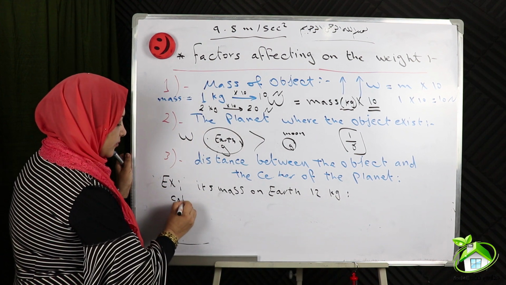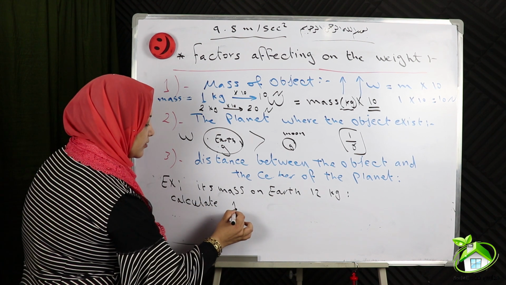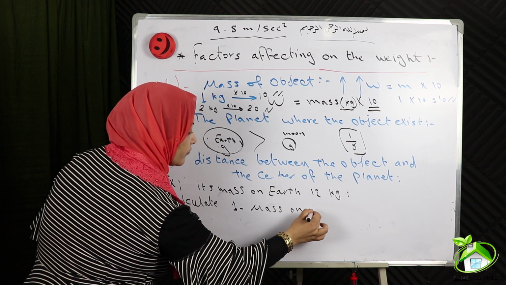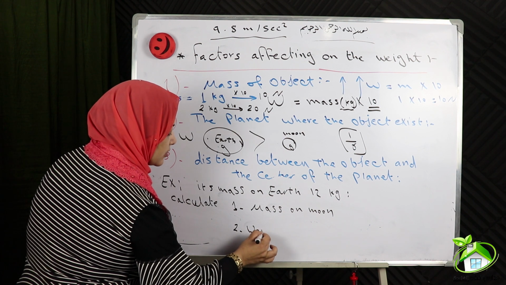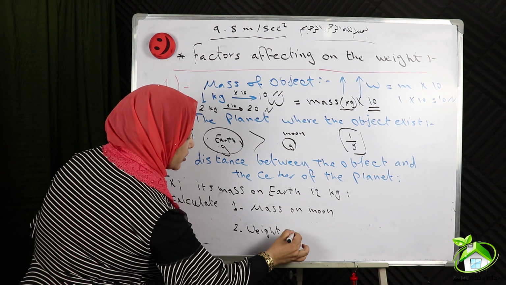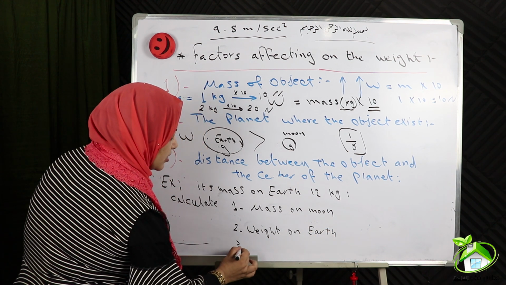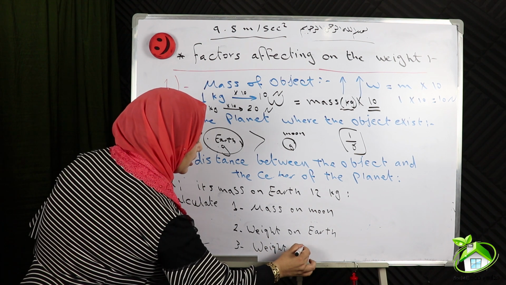Calculate: Number 1, mass on moon. Number 2, weight on earth. Number 3, weight on moon.